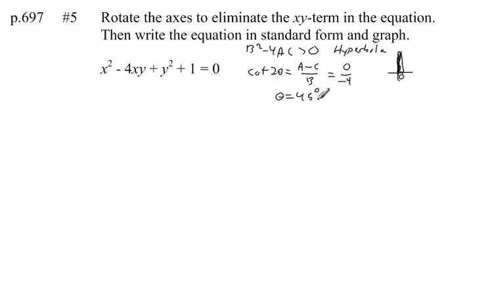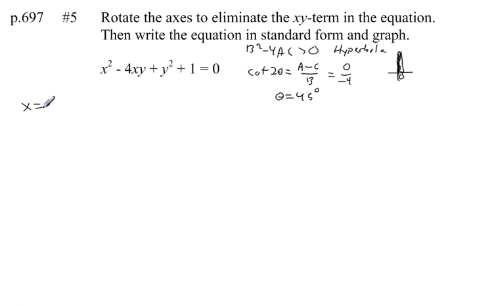Okay, now that we know the shape, now that we know the rotation, now we can eliminate the xy term in this equation. Well, we have two basic equations that will help us do this, and they're both based on the sine and cosine of this angle measure, 45 degrees. So those two equations, I'll write them down.